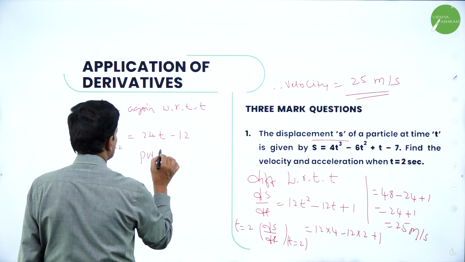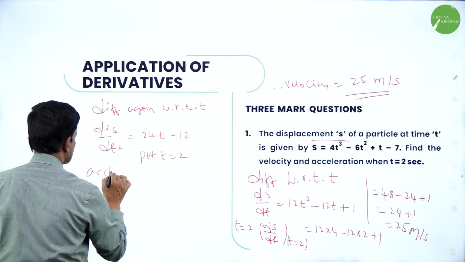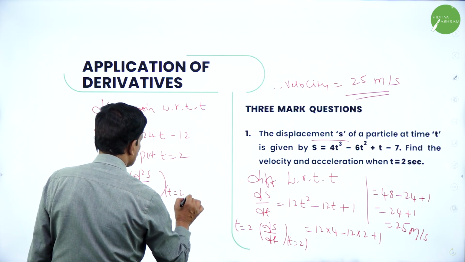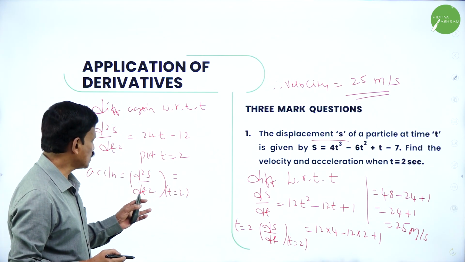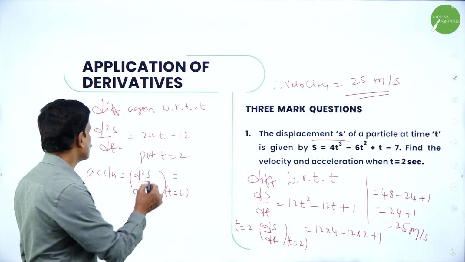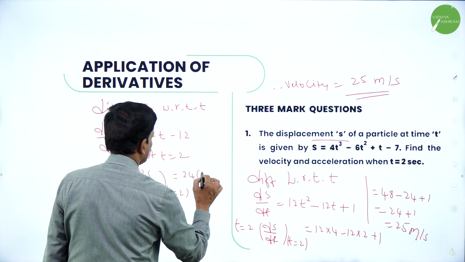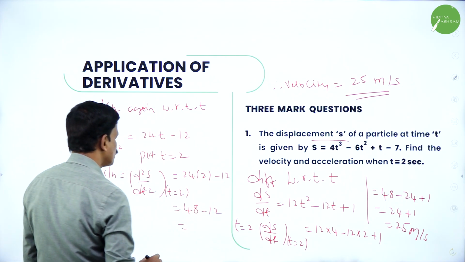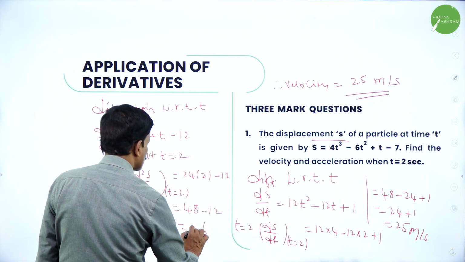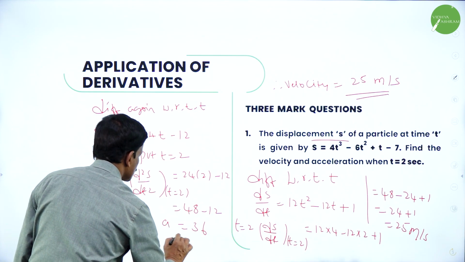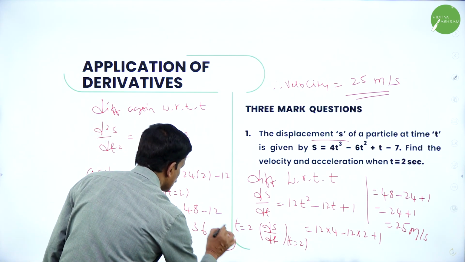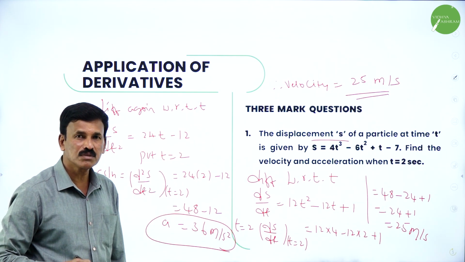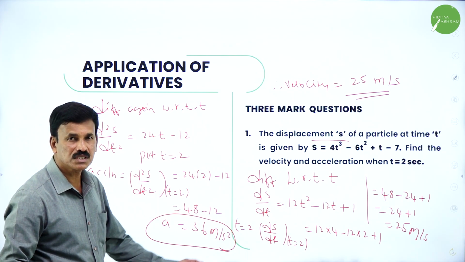Now, put t is equal to 2, and you will get the acceleration. d square s by dt square at t is equal to 2 is 24 into 2 minus 12, that is equal to 48 minus 12, which is 36. So, acceleration is equal to 36 meters per second square. So, velocity is equal to 25 meters per second and acceleration is equal to 36 meters per second square. Hope you followed. This is for 3 marks.